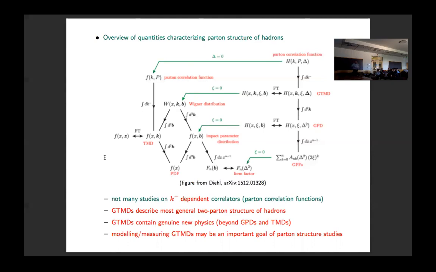So from a modeling point of view, rather than having a separate model for TMDs and another model for GPDs or impact parameter dependent distributions, it may be desirable to have a model for these Wigner functions, and then look at the various limits. It's needless to say that this is complicated, but it could be an important goal of parton structure studies, and the same, of course, applies to measuring these.